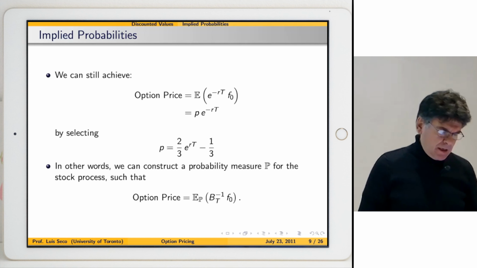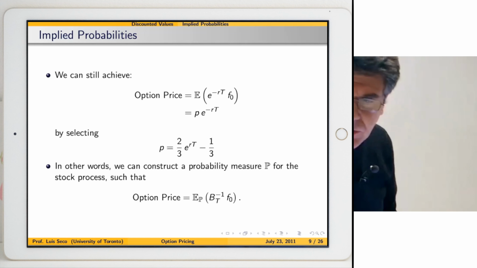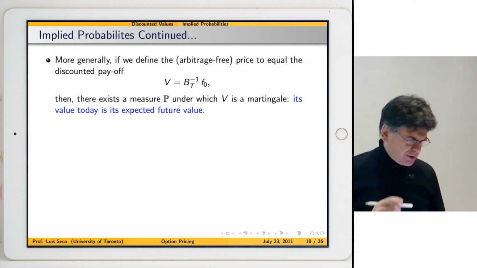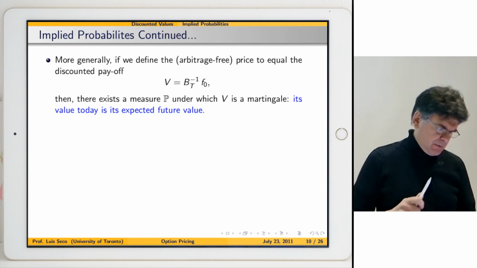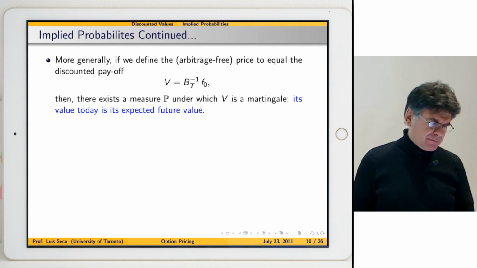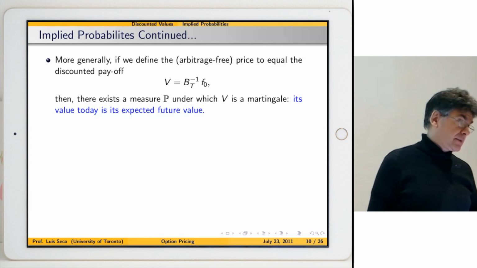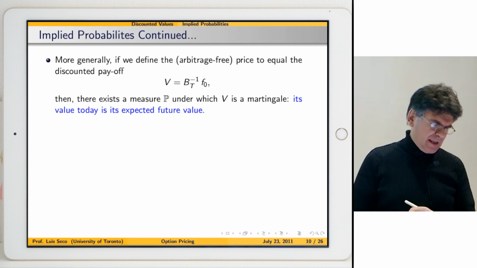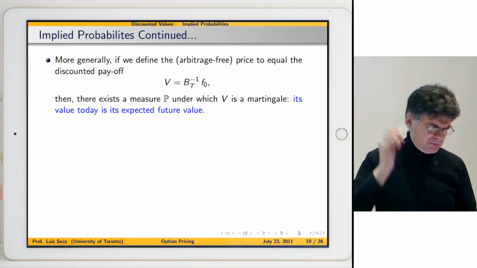All right. So this, we already saw. I know I can go fast because I think this is all very well understood. And we will say that the arbitrage-free price is equal to the expected discounted payoff under a measure. This is a mistake.